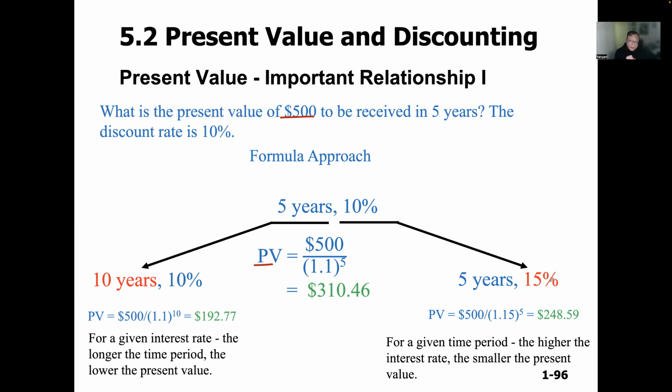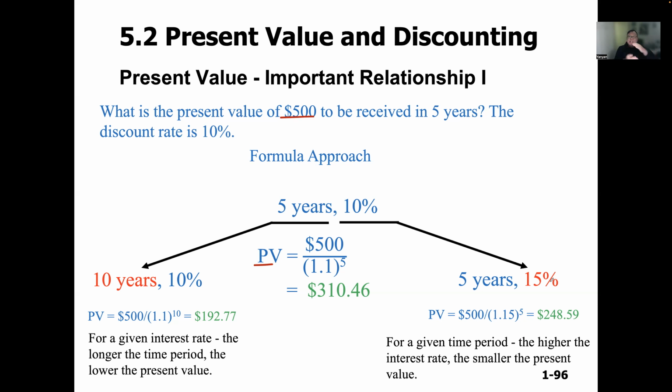It's interesting. If your discount rate, your interest rate, is constant, the longer the time window you have, the lower the present value. In the other situation, if your time window is fixed, the higher the interest return, the lower the present value.